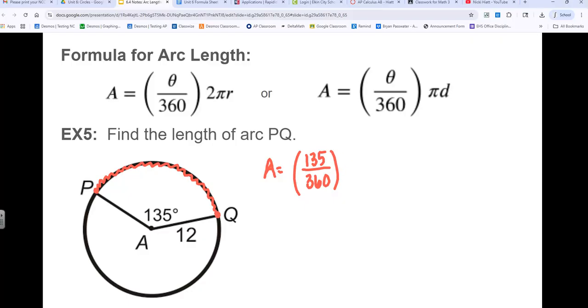And then I multiply it by the circumference, which in this case can be found by doing 2 pi times the radius, which is 12. So if I type that into the calculator, then I will get 28.274. And they don't put any units on this, so that could be inches, feet, meters, miles. We don't really know in this particular case.